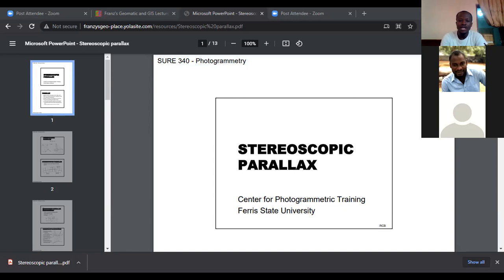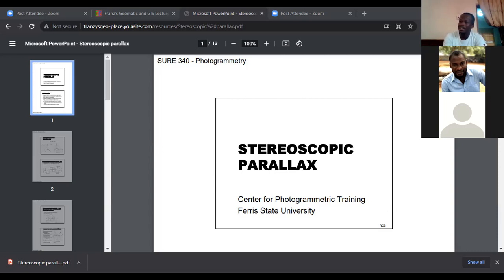A few things to observe: changing the position of an image from one photo to the next is caused by the aircraft's motion. But what are we saying? We are saying that when an aircraft takes a photograph at the exposure station that we talked about in the previous lecture, that is the position of the front or the rear nodal point.